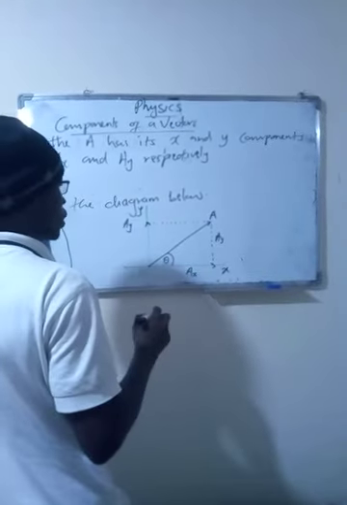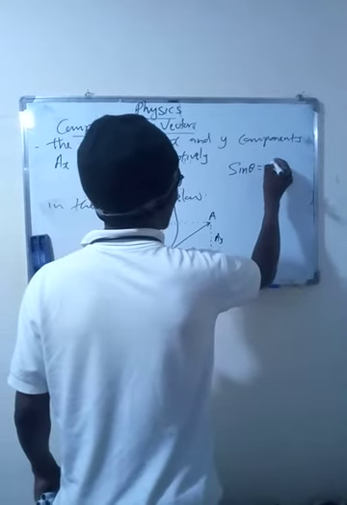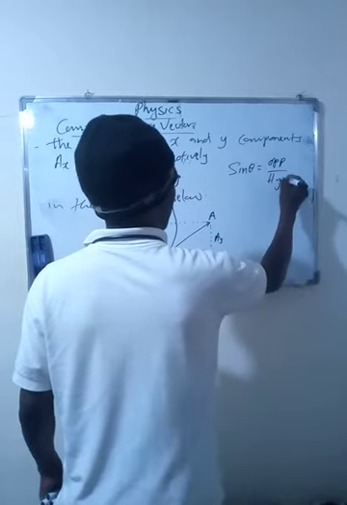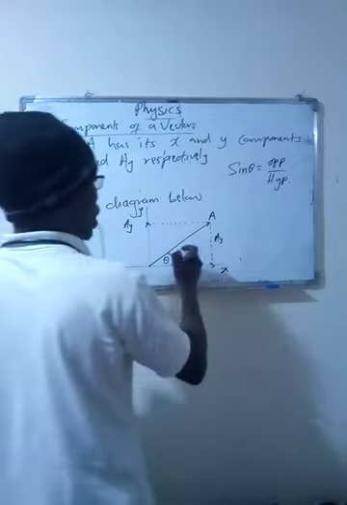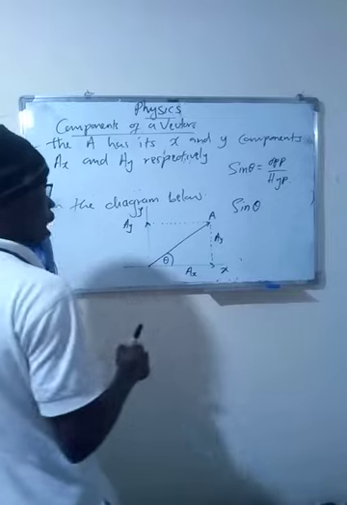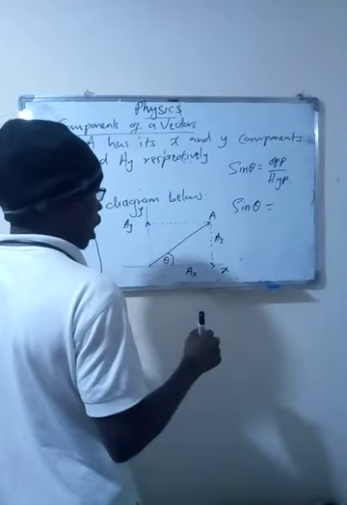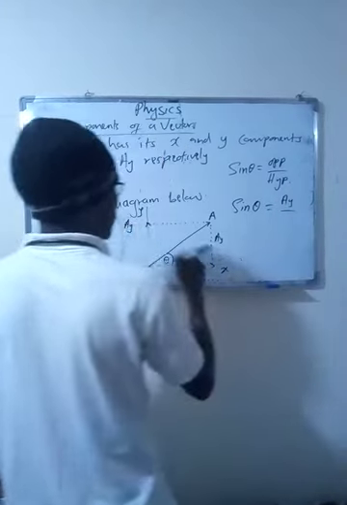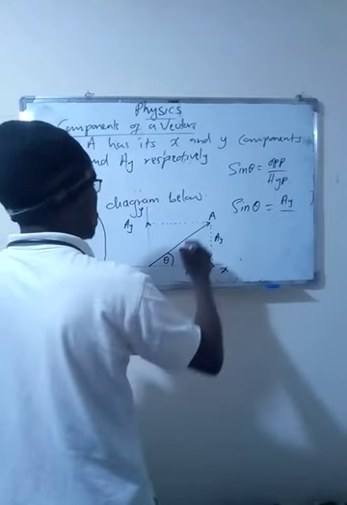Remember we said that sine theta is equal to opposite divided by the hypotenuse. In this case, theta is this angle here, and the opposite is ay, which is our y component, divided by the hypotenuse, which is a, the vector a.